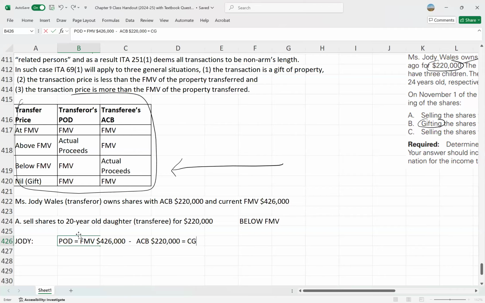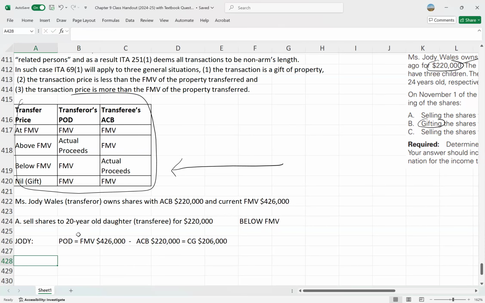So she's still going to have a capital gain of $206. They were trying to avoid the capital gain, right? Because she sold it for $220. If it was $220 minus $220, her capital gain would be 0. But because of these non-arm's length transfer rules, she's forced to use proceeds equal to fair market value.